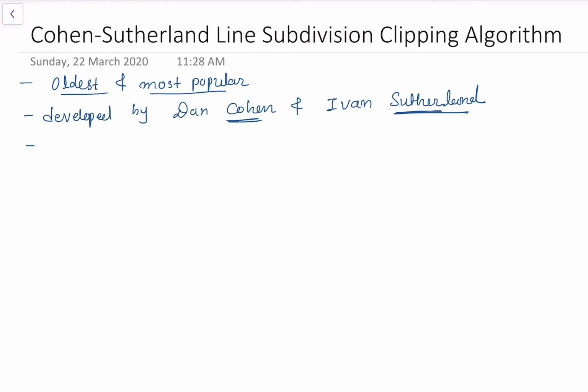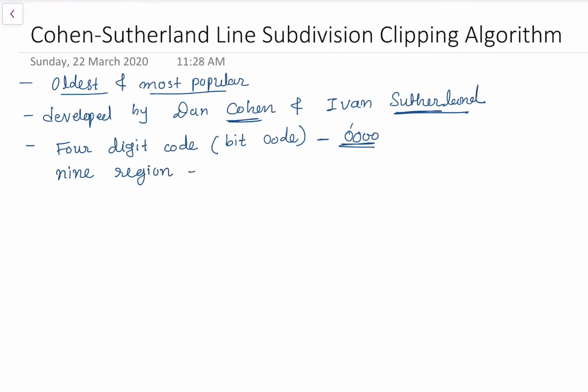This algorithm uses a 4-digit code, or you can say a bit code, to indicate which of 9 regions contain the endpoint of the line, like 0000.